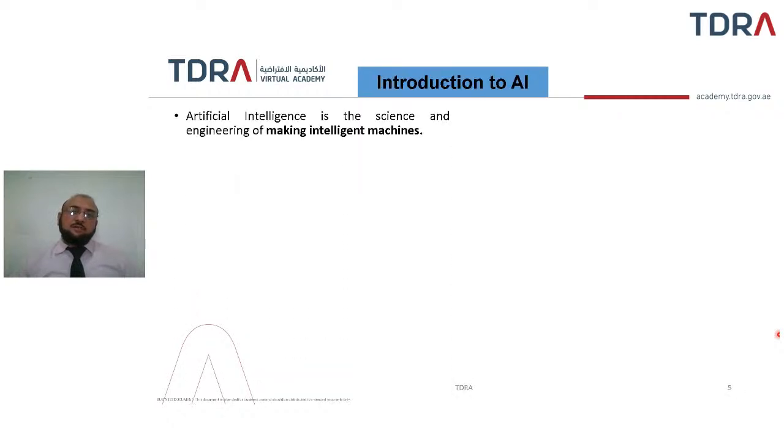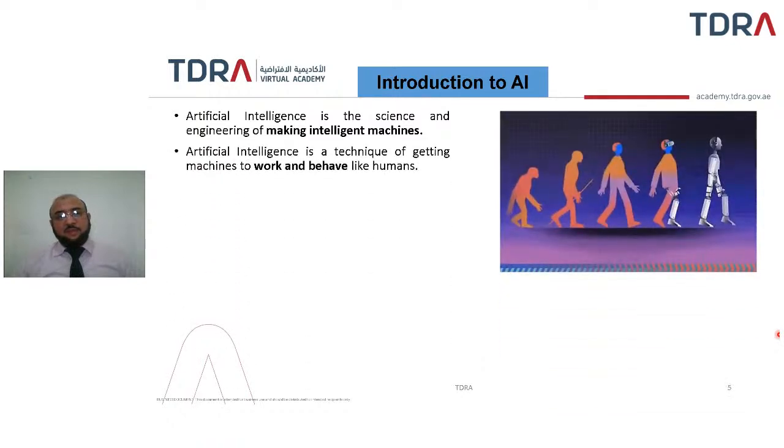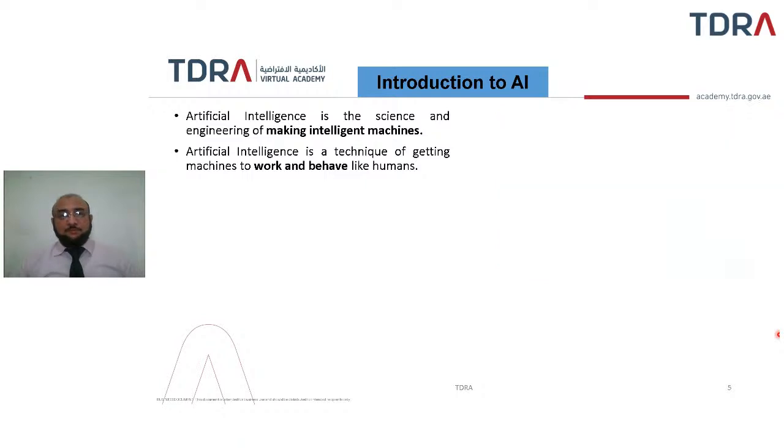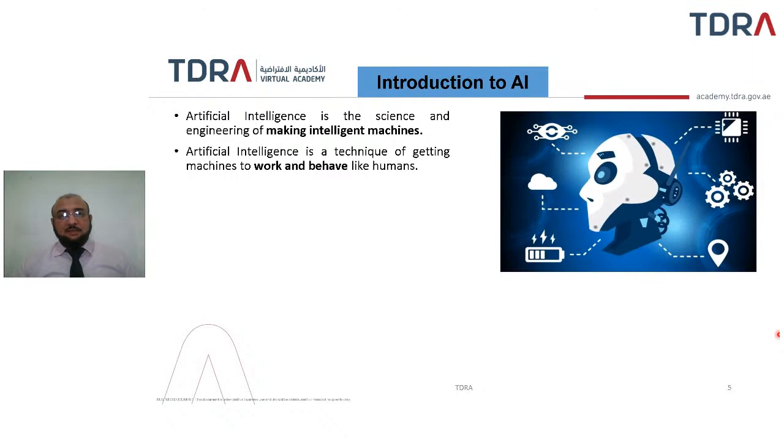First of all, I want to introduce you to AI. Basically, AI is the science of engineering for making intelligent machines. There are different definitions of artificial intelligence. Artificial intelligence is the technique of getting machines to work and behave like humans. This means that we are inducing intelligence into the machine, so it will behave similarly to human beings: how a human thinks, and how a human makes decisions after analyzing things.